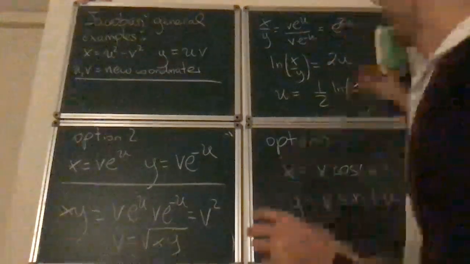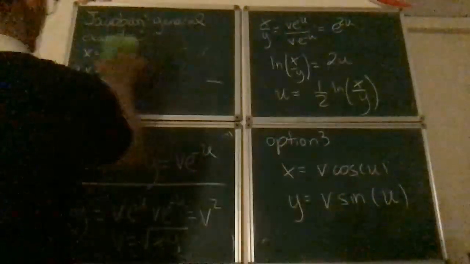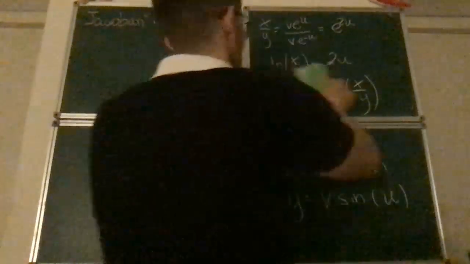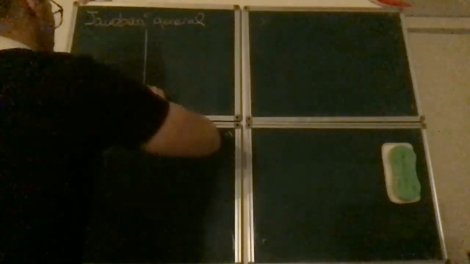So as you saw from the animation, when you're using a system of coordinates, which are u and v, what you end up getting are curves, right? Curves of constant u, or curves where u is constant.